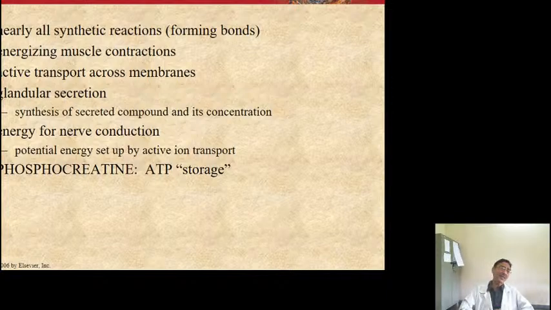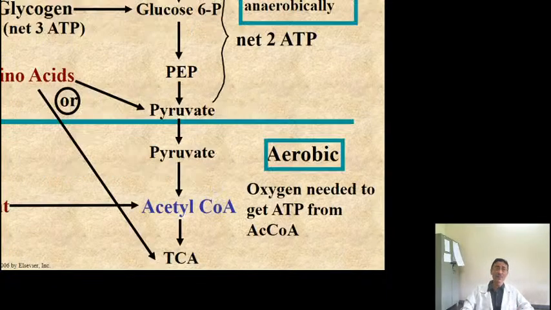So nearly all these processes require ATP, and this ATP is present in the cell and has to be provided immediately whenever the need arises. One of the stores present at the cellular level, especially in the muscle, is phosphocreatine, which is the ATP storage form.